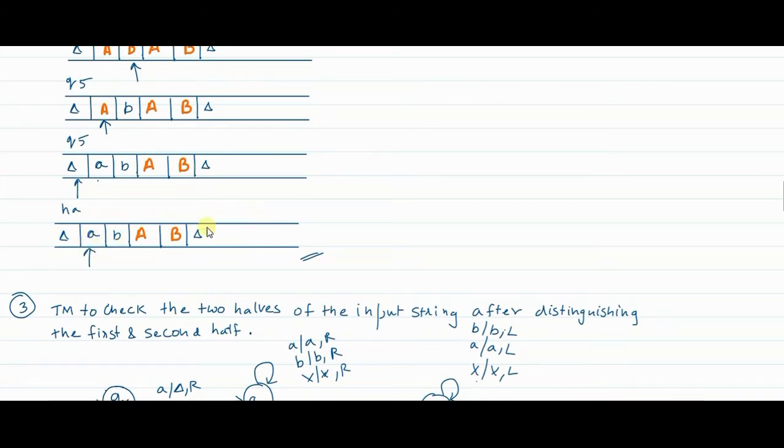This configuration will be given to the third, final Turing machine, which is going to compare A with A, B with B, just to see whether the first half and second half are the same.